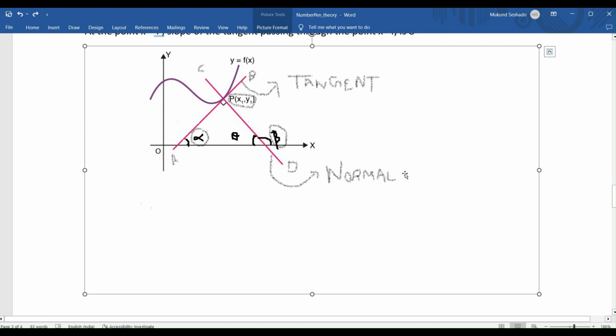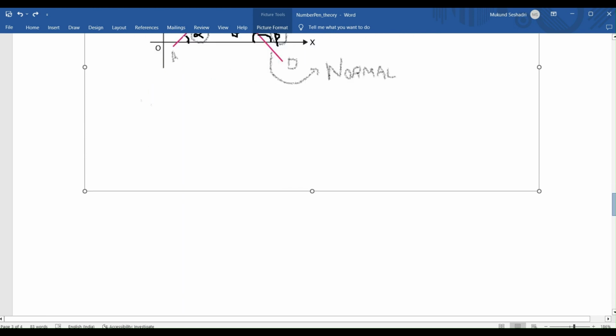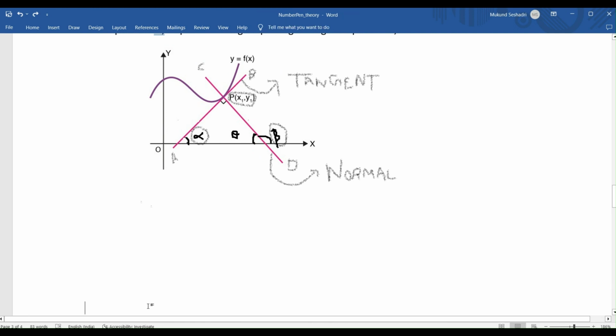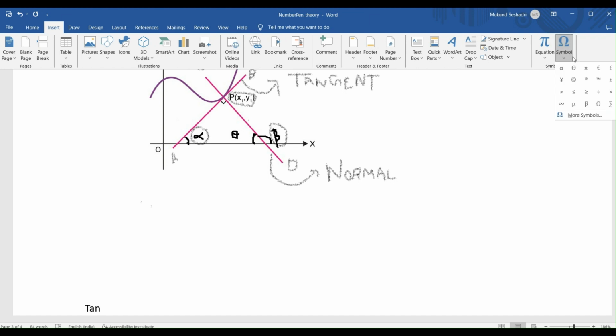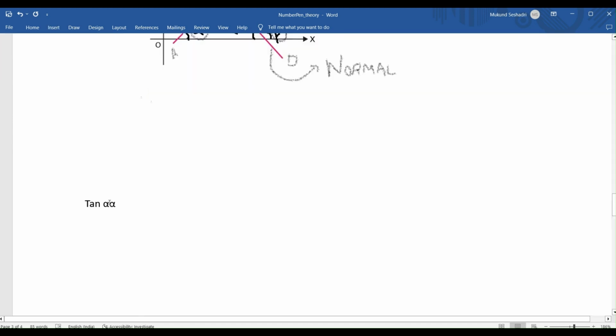You have this diagram here. I'm going to draw your attention to these three angles: alpha, theta, and beta. Tan alpha, let's call this m1, is the slope of the tangential line.